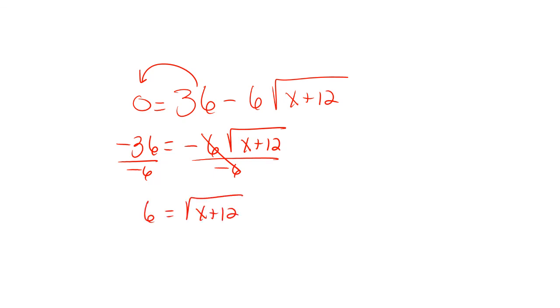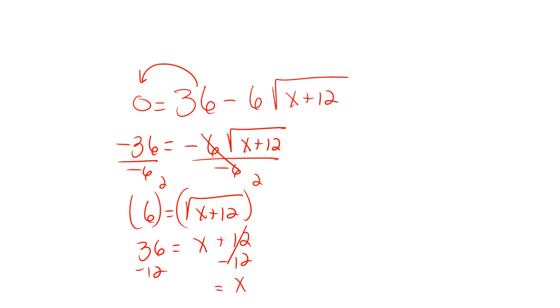Then I could square both sides, and I get 36 equals x plus 12. Hang on. Subtract the 12. X is equal to 24. At least that's what it looks like. Remember, I need to go back into the original equation now and check that.